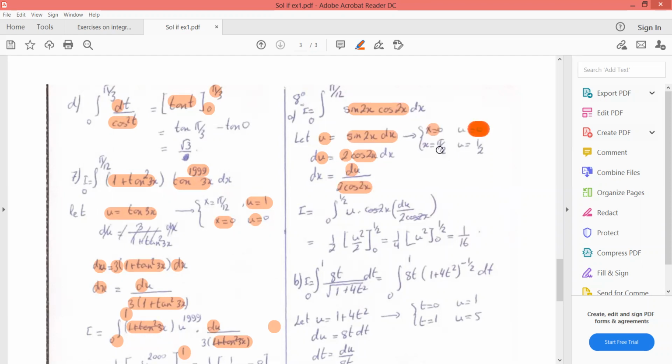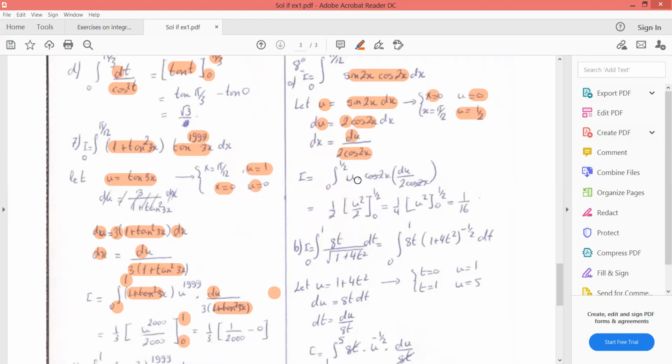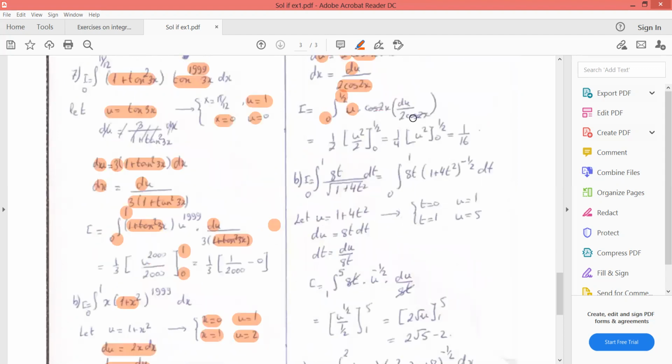For x equal pi over 12, we get sine pi over 6, which is half. Then I equals the integral from 0 to half of u times cosine 2x dx over 2 cosine 2x. Cosine 2x with cosine 2x cancels, leaving half u squared over 2 between 0 and half, and you get the result.